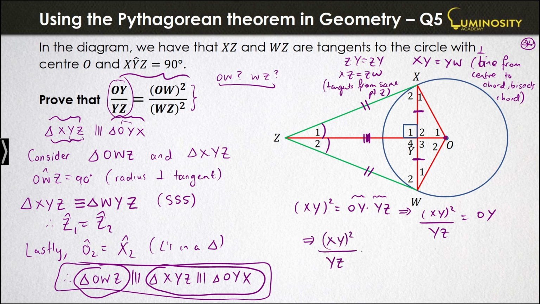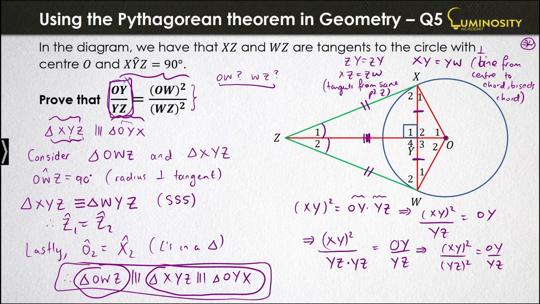So you're going to have another YZ here in the denominator. And on the right-hand side, you're going to have OY over YZ. Okay, so on the left-hand side, you have XY all squared over YZ all squared equals OY over YZ. Now, so far, we've got this left-hand side. But on the right-hand side, we want OW squared divided by WZ squared. We've got XY squared over YZ squared.